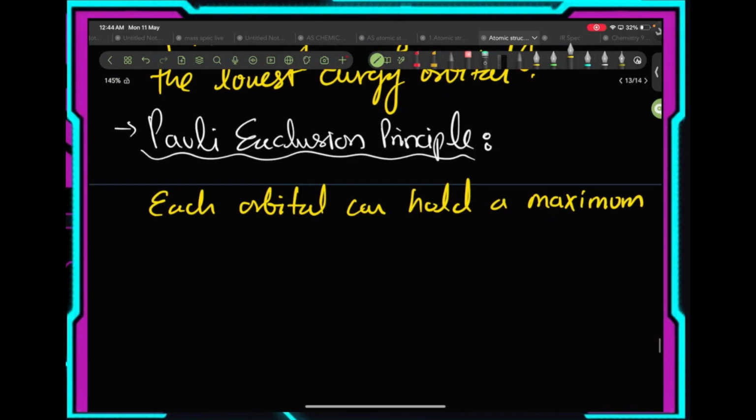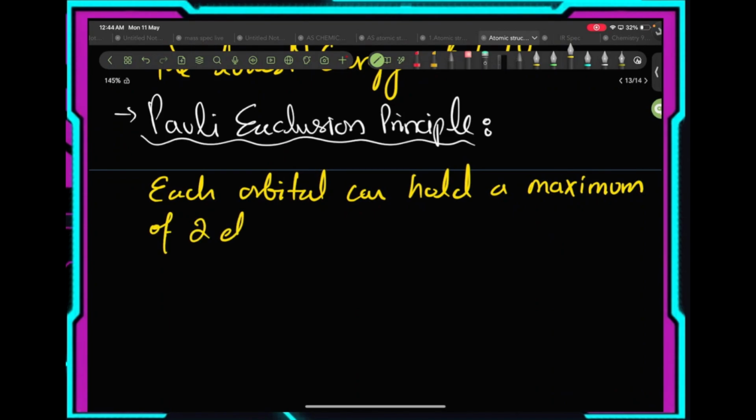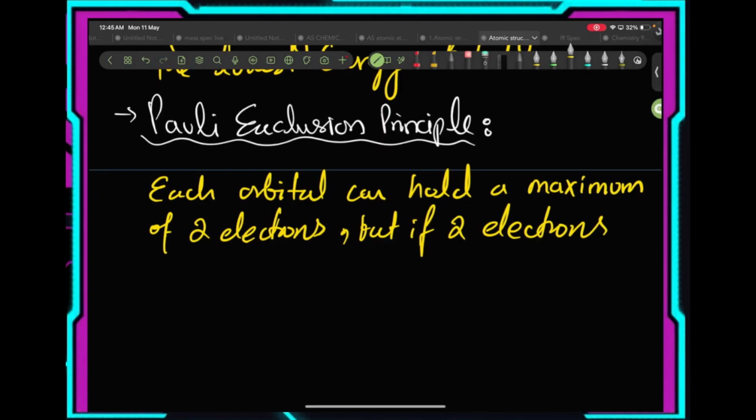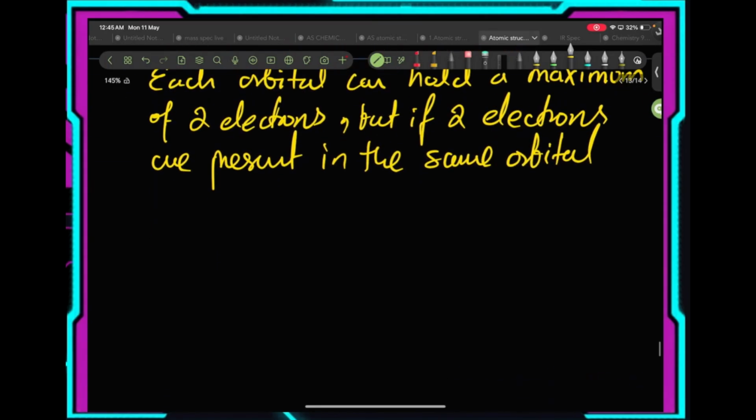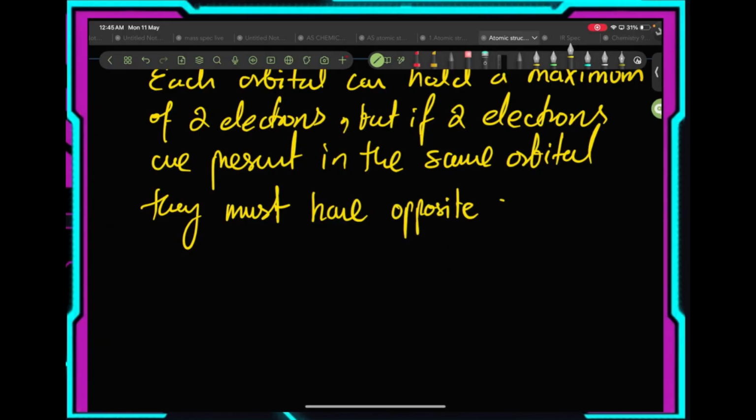Each orbital holds a maximum of 2 electrons, but if 2 electrons are present in the same orbital, they must have something. What is that something? They must have opposite spin.